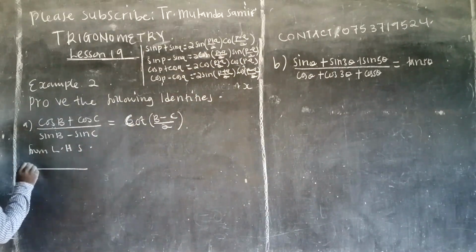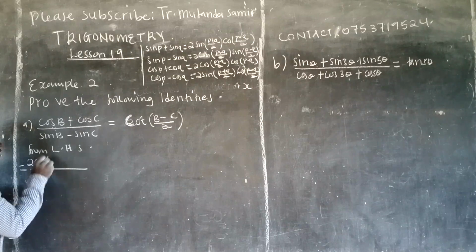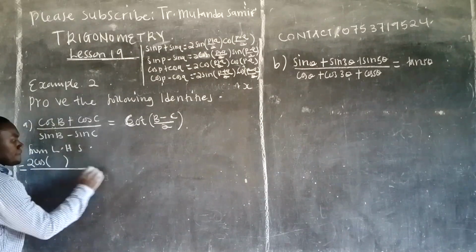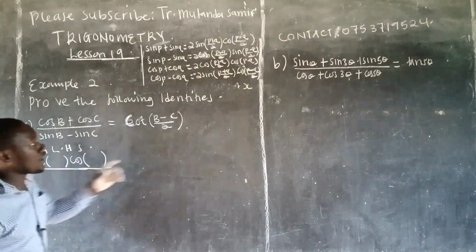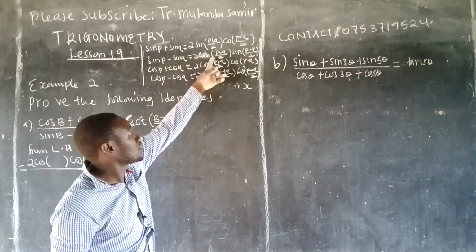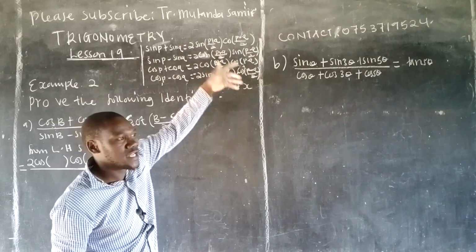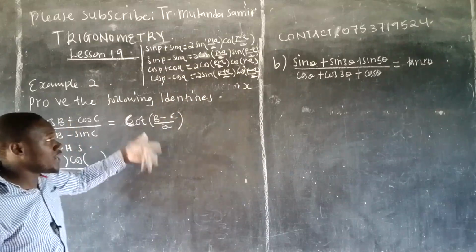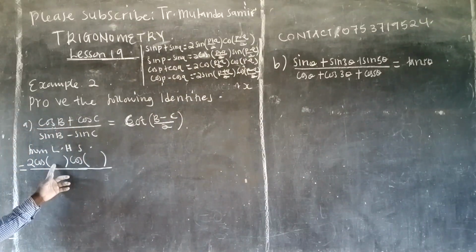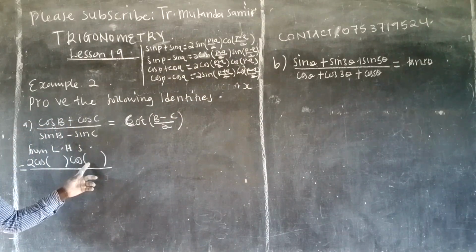In the first bracket, you add the angles divided by 2. The second bracket, you subtract the angles divided by 2. Take note of that.